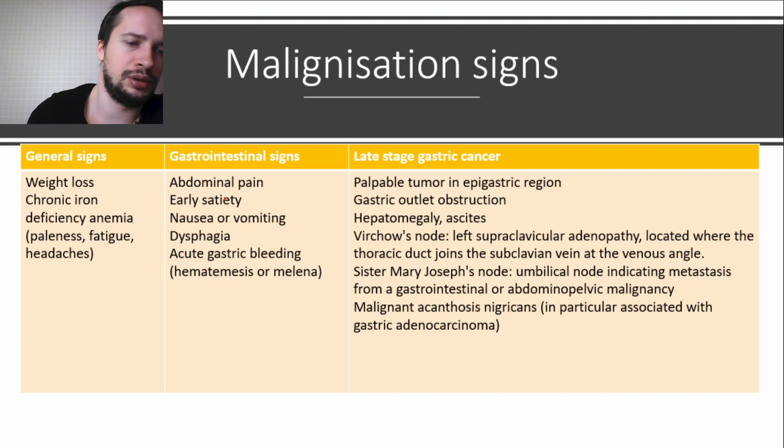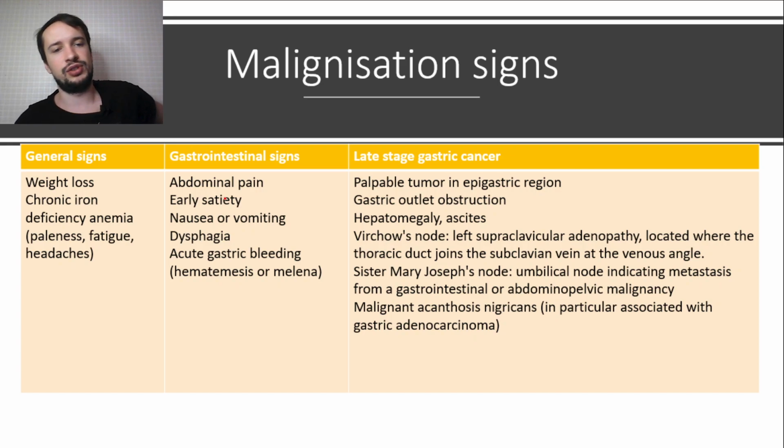Malignization signs. General signs: weight loss, chronic iron deficiency, anemia. Gastrointestinal signs: abdominal pain, early satiety, nausea or vomiting. And late-stage gastric cancer: palpable tumor in the epigastric region, hepatomegaly, ascites, Virchow's node, left supraclavicular adenopathy, Sister Mary Joseph node, umbilical node indicating metastasis, metastasis of Krukenberg in the ovarium, and some more.